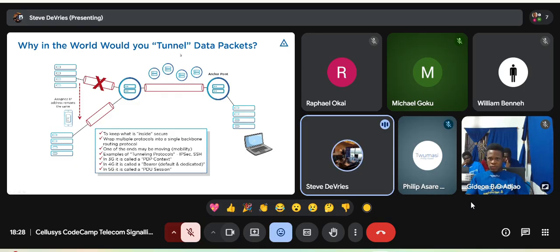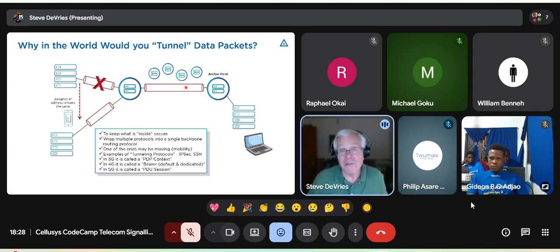Why would you tunnel packets? Well, maybe you want to keep what's inside secure. That's one reason. Maybe you've got multiple packets inside of here, but you have one common routing packet. That's another reason.